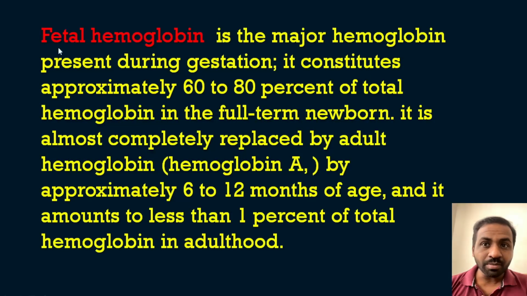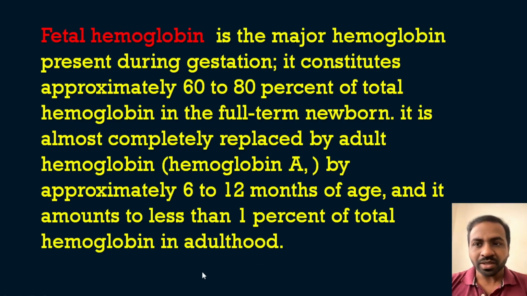Then we can look at fetal hemoglobin. It is the major hemoglobin present during gestation, and it constitutes approximately 60 to 80% of the total hemoglobin in the full term newborn. It is almost completely replaced by the adult hemoglobin, or hemoglobin A, by approximately 6 to 12 months, that means at the age of 1, and it amounts to less than 1% of the total hemoglobin in adulthood.